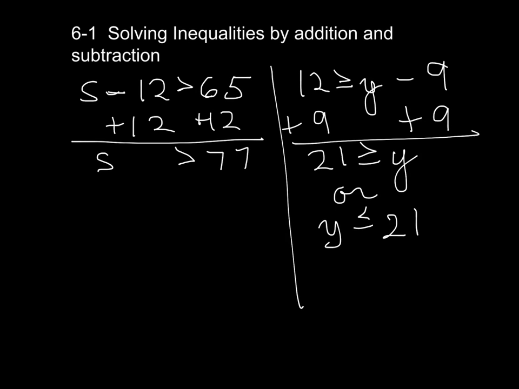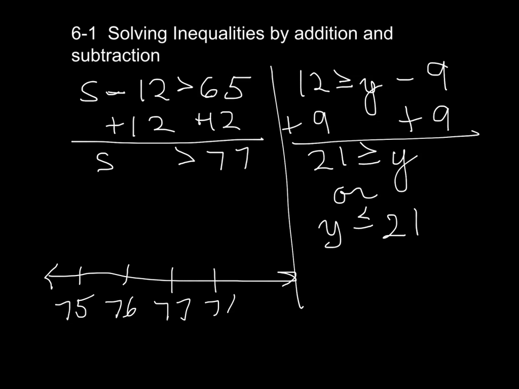So if we just drew a piece of the number line here, with 77 in the middle and 75, 76, 78, and 79, to graph s is greater than 77, we would put an open circle at 77, and then we would shade everything to the right of that.